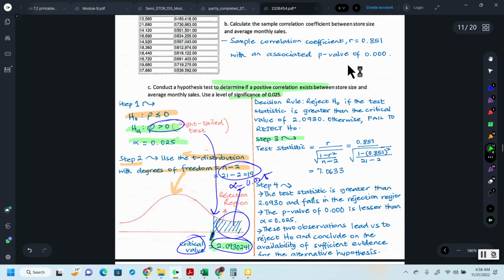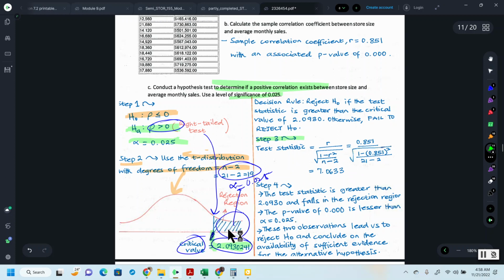If you're going to use the p-value method, you'd note that the p-value here, which is 0.000, is less than our alpha. Anytime the p-value is less than alpha, we always reject the null hypothesis, which is consistent with the test statistic 7.0633 being greater than 2.09 and falling in the rejection region.